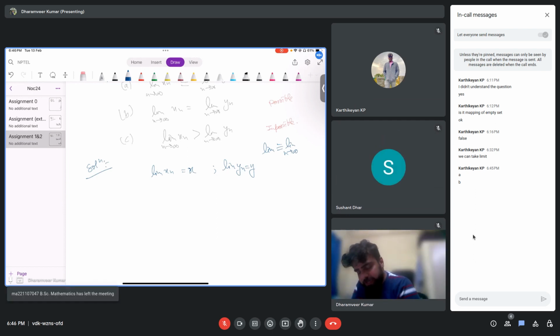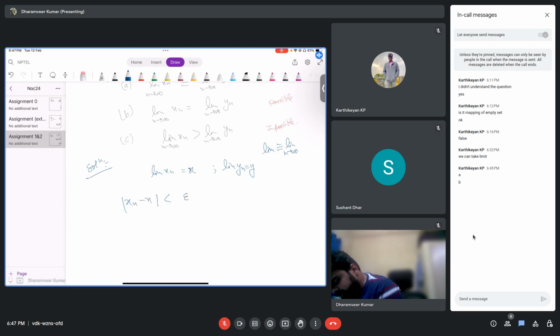Again we can choose epsilon 1 and epsilon 2. So this is like the absolute value of xn minus x less than epsilon 1 and yn minus y less than epsilon 2, right?